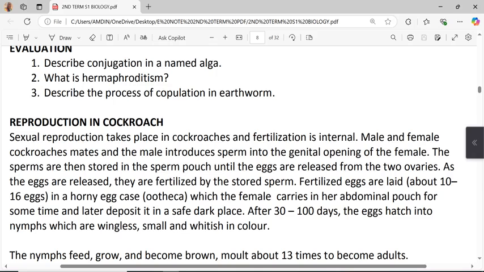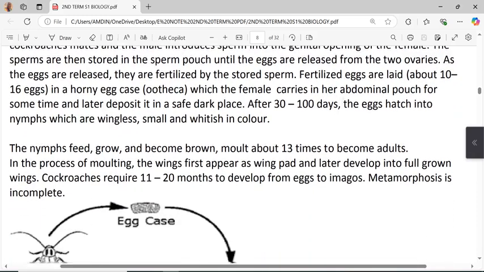Fertilized eggs are laid, about 10 to 16 eggs, in a hardened egg case (ootheca), which the female carries in an abdominal pouch for some time and later deposits in a safe dark place. After 30 to 100 days, the eggs hatch into nymphs, which are wingless, small, whitish in color.